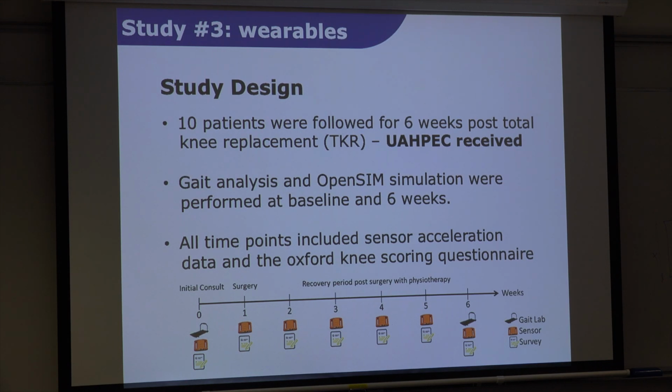We collected gait analysis and OpenSim simulations at baseline, so their initial consultation before surgery, and then once again at 6 weeks after their recovery period. At all time points, so each week in between, we collected their sensor acceleration and their Oxford Knee Score questionnaire twice a week. This was to basically gauge how they were feeling along their recovery period.